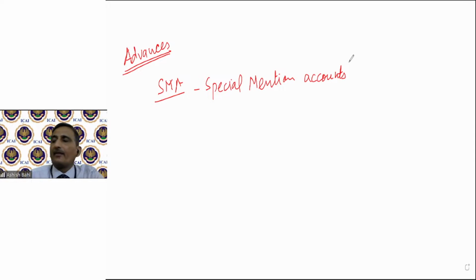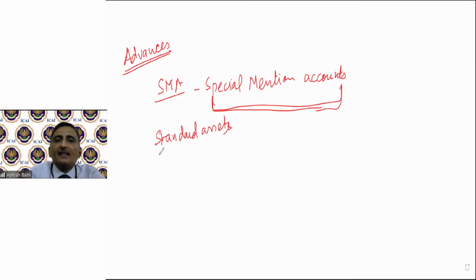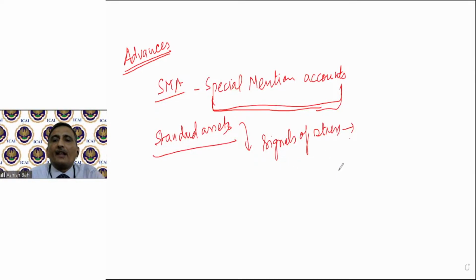No idea. So students, you have to remember that special mention accounts are those accounts, yes, Janvi is writing correctly, which are standard assets but are showing some signals of stress. Say in case of a term loan, the account would become NPA after becoming overdue for more than 90 days.